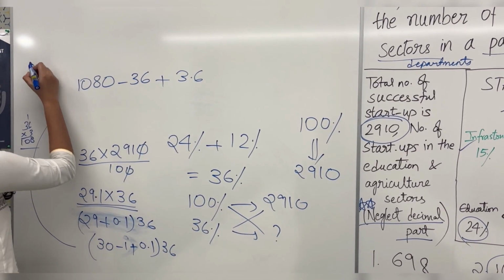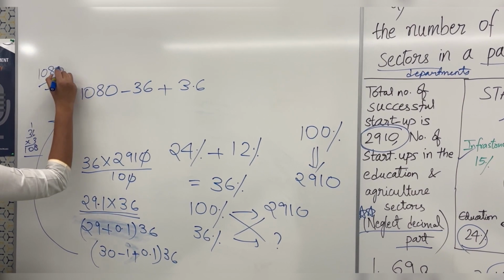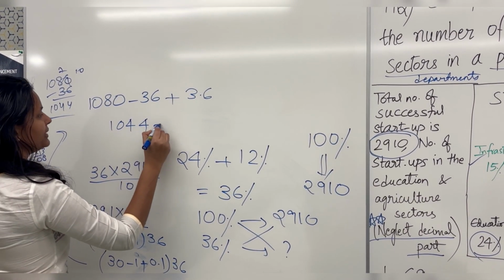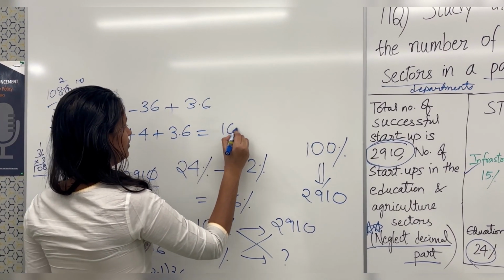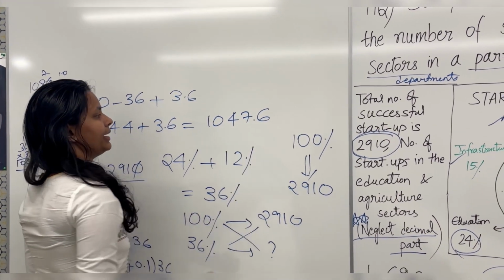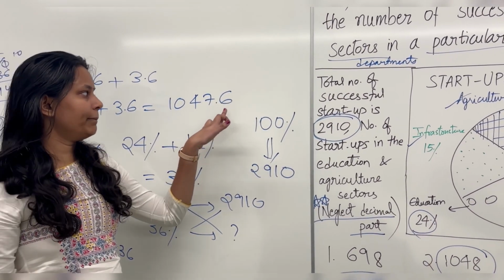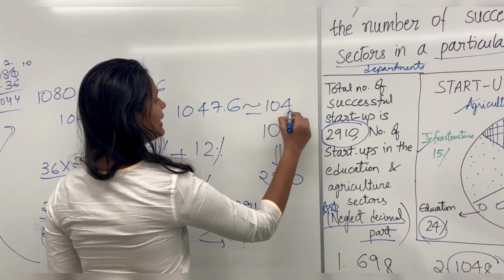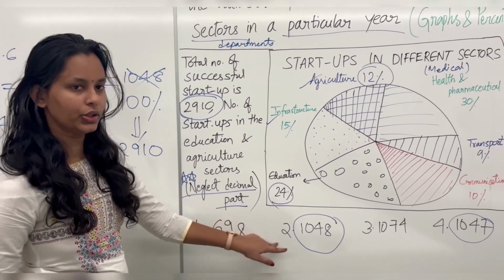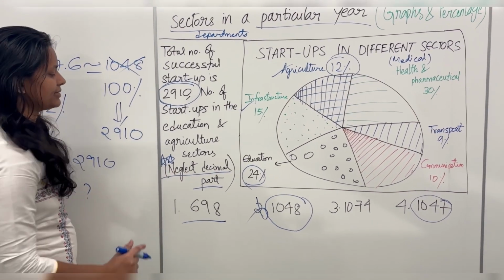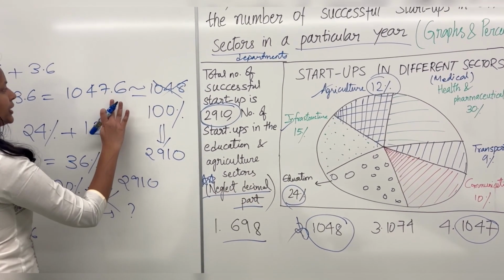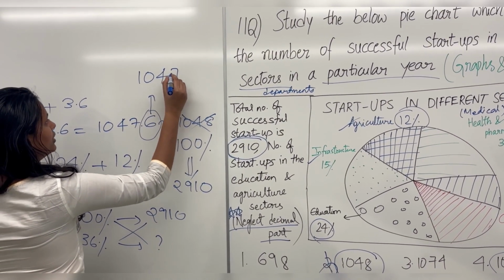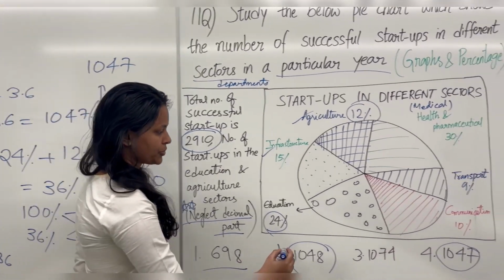This is our answer. 1080 minus 36 is 1044, plus 3.6 is 1047.6. Here this is 0.6, greater than 0.5, but we can't take it approximately and we can't opt for option 2, because in the exam they said neglect the decimal part, which means we need to ignore this decimal part. That means we get the answer 1047. That is option 4.